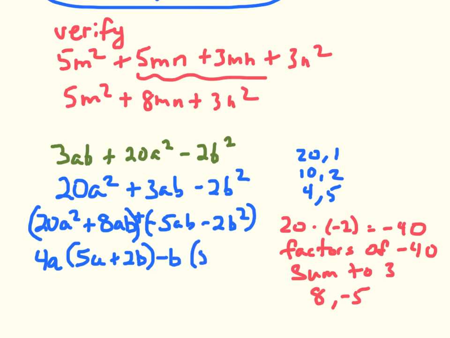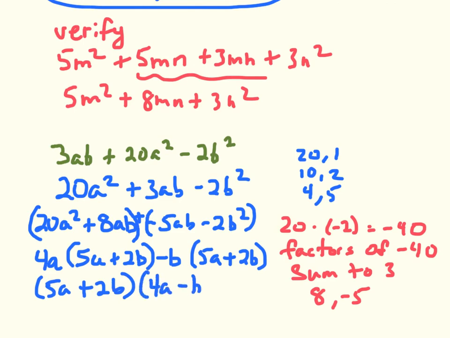And I'm left with 5a plus 2b. I've got a common binomial of 5a plus 2b, and I'll factor that out. And I'll be left with 4a minus b, and that's my correct factoring that would multiply back together to get this right here.